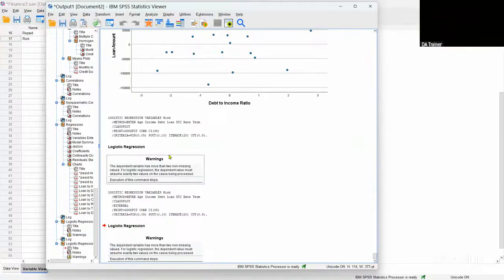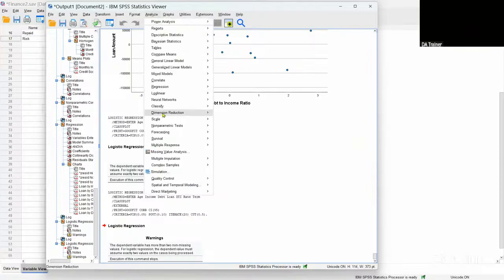But nevertheless, let's look at classify. Because I need analyses, those are the analyses that you need to determine if a customer will pay up our loan or will not.